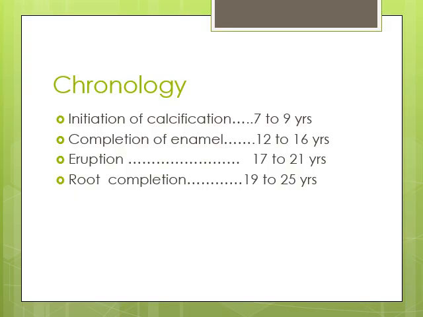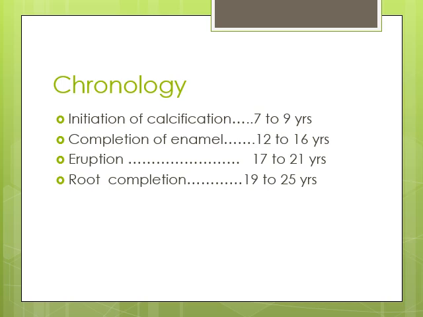The initiation of calcification in the third molar starts at 7 to 9 years of age. So we cannot see the tooth bud of the third molar before this age.